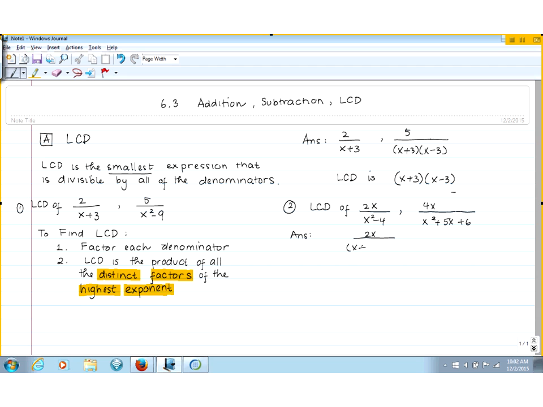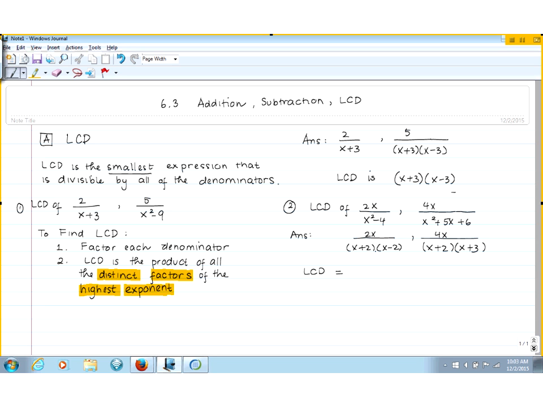Is it factorable? Yes. x squared plus 5x plus 6, is it factorable? Yes, it is. What is it? x plus 2 times x plus 3.